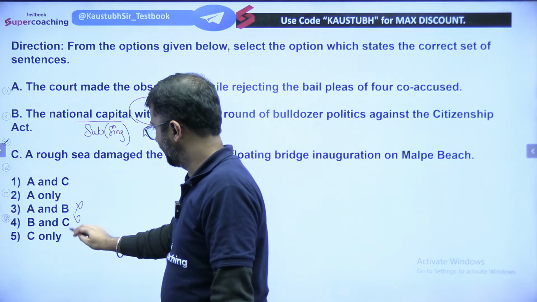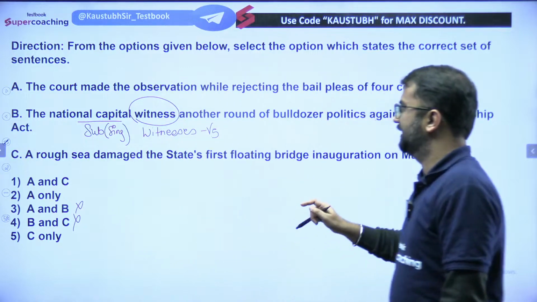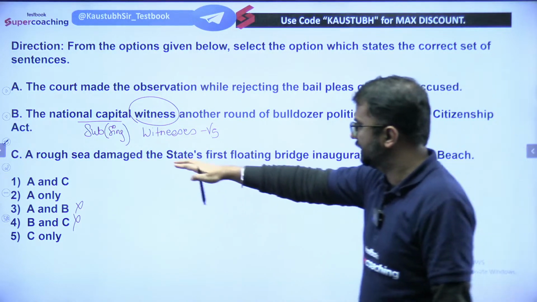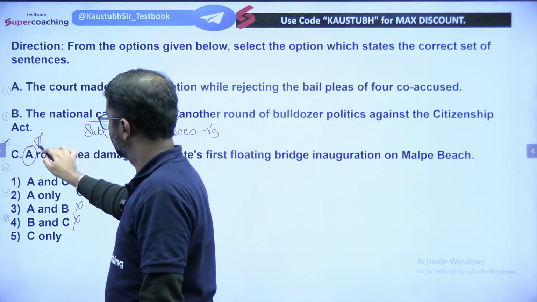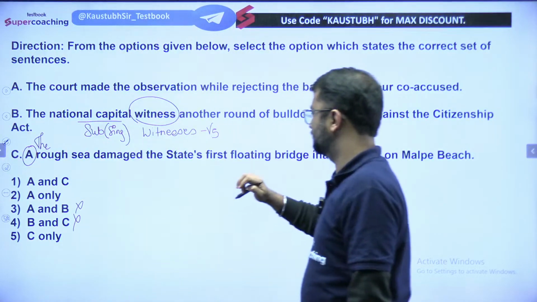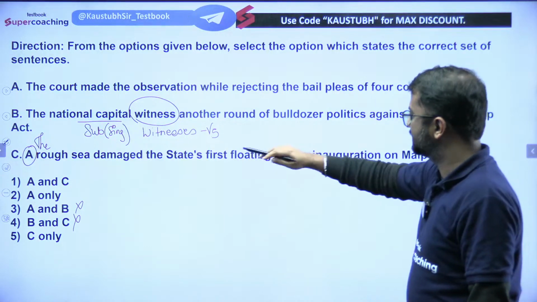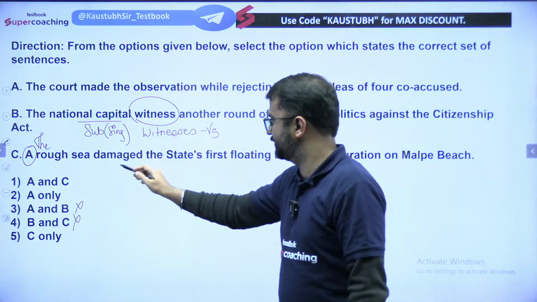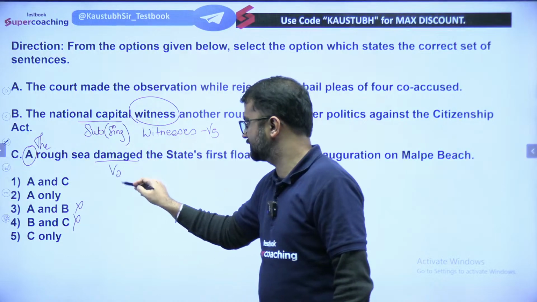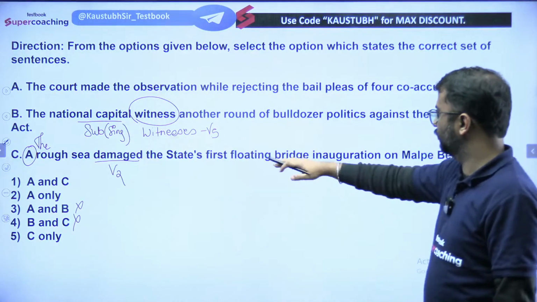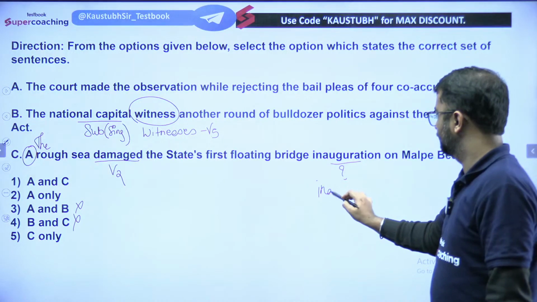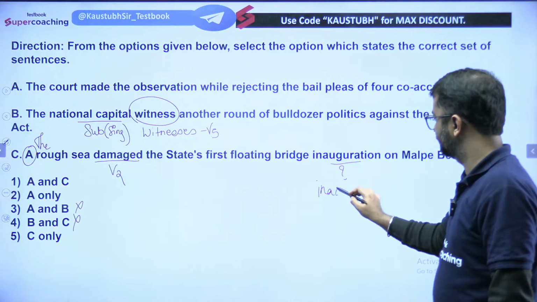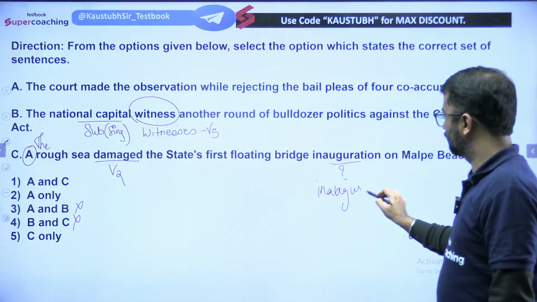If B has an error, then B will not be our answer. C also has an error. If you see a rough sea, or the rough sea, the article sounds incorrect. Damaged, the state's damage has been done. Damaged is written in V2, simple past tense. The state's first floating bridge inaugurated, the bridge that was inaugurated, right?